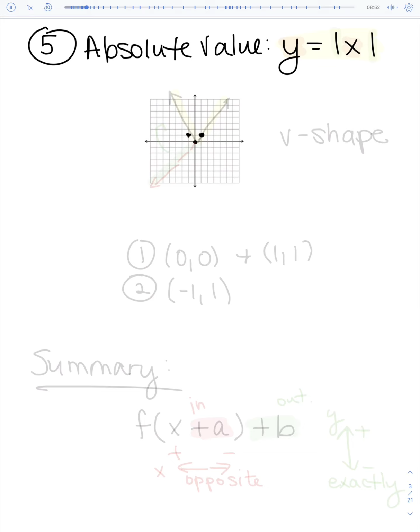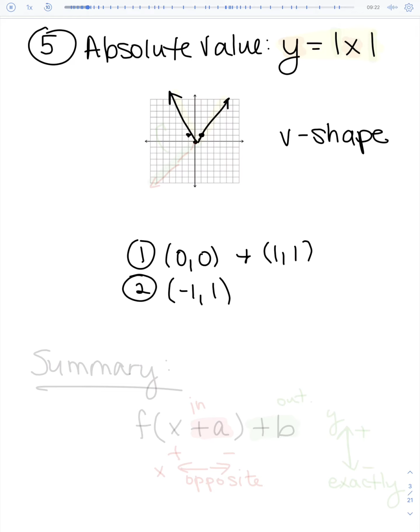The only difference between the absolute value graph and the parabola graph, the x squared, is that instead of a U shape, it's going to be a V shape. So it's still going to go through the 0, 0, and the 1, 1, like the parabola, and through negative 1, positive 1. It's just the actual shape is a little bit different. It's a V shape.